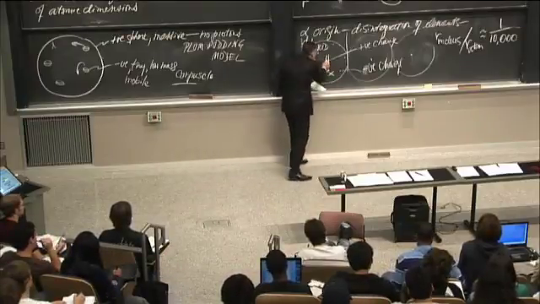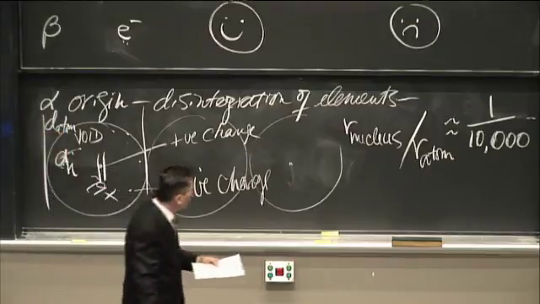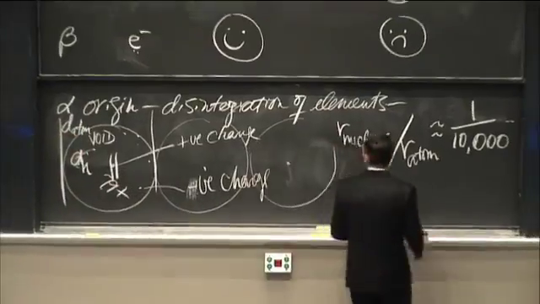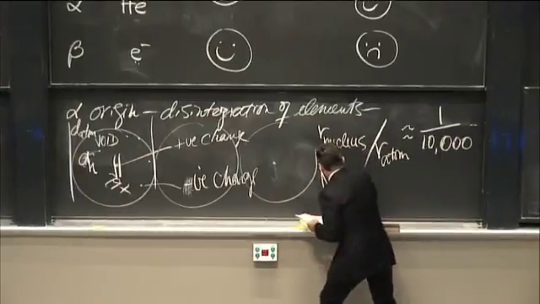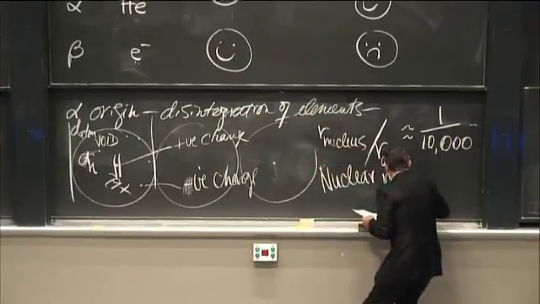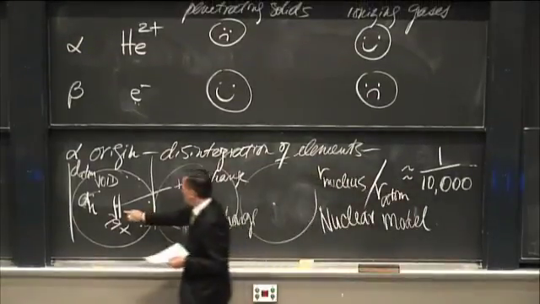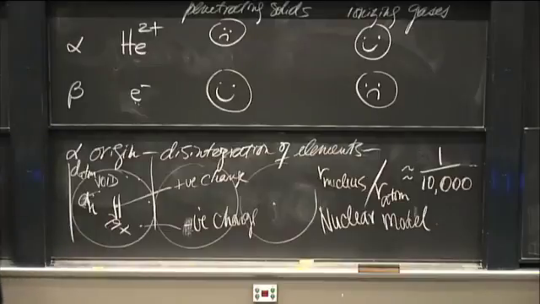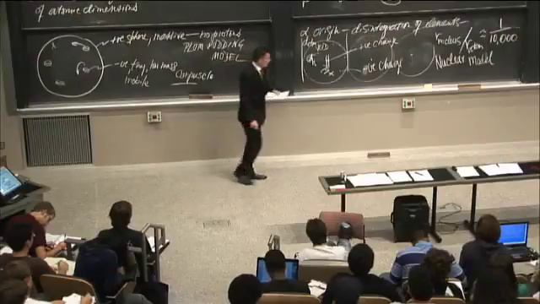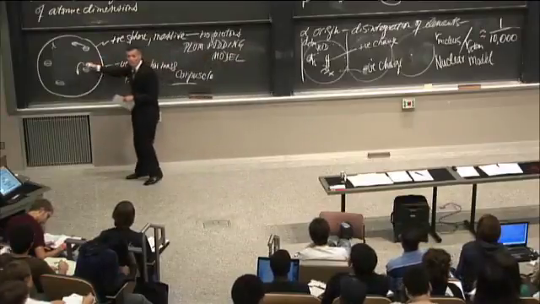And all this mass is highly dense, concentrated here. So this is the Rutherford model, which was called the nuclear model. It was proposed by Rutherford because it has such a thing as a nucleus. He coined the term nucleus. So that's a big step forward from this thing here.